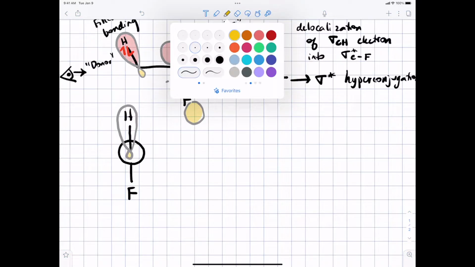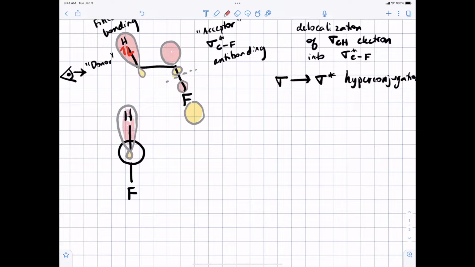And then I will draw the carbon-fluorine sigma star in the back. Recall that there's a node there, a lobe here, here, here, and then a larger lobe there, which can line up with and overlap side to side with the carbon-hydrogen sigma bonding orbital.